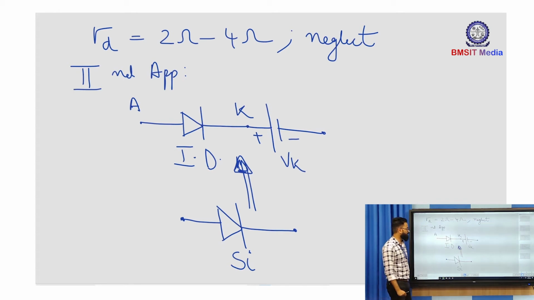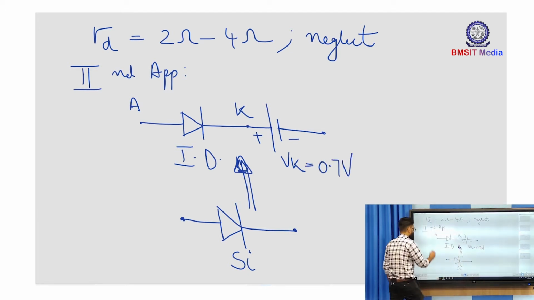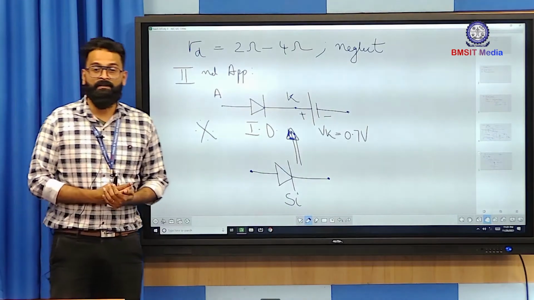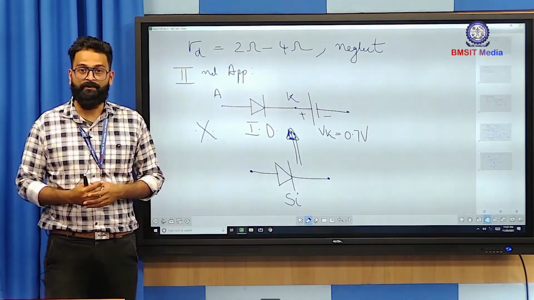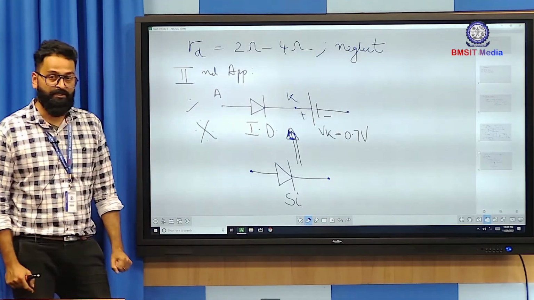So in the second approximation, what we do is we're going to replace the practical diode with an ideal diode in series with the barrier potential. Since we are talking about silicon diode, so for silicon diode, we are going to place Vk as 0.7 volt. So this particular model is discussed throughout module 1A. So whatever clippers, clampers we are going to discuss, it is based on the second approximation.